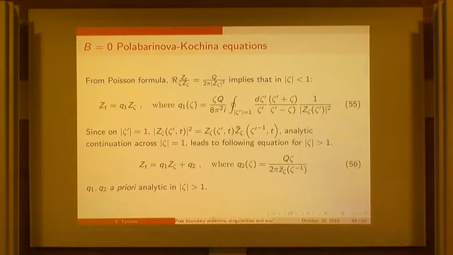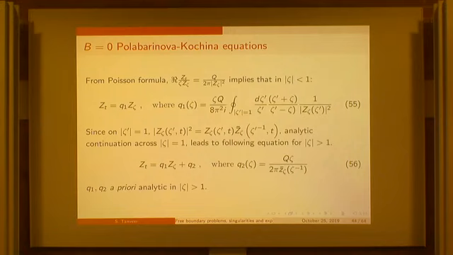Now let's go to what I think is called the Polubarinova-Kochina equations, but it was rediscovered later, including by myself. I think someone in the Soviet Union or from Russia mentioned this. Basically, this is very simple.